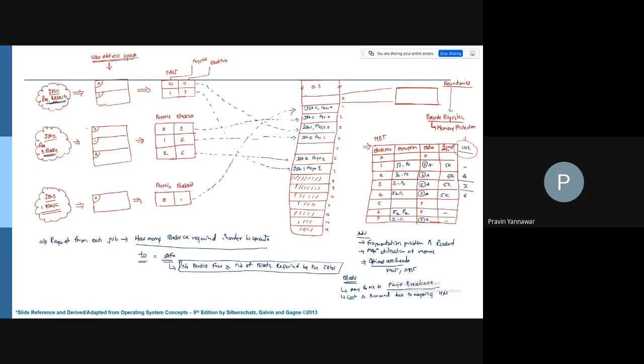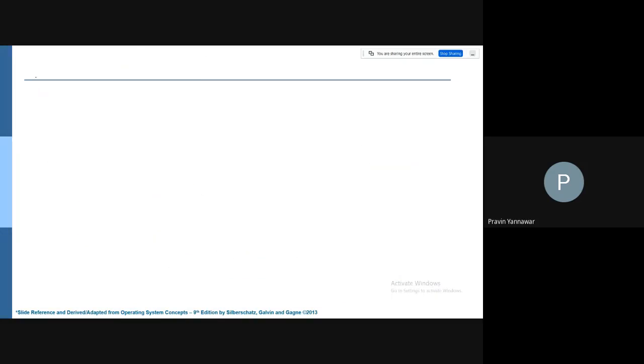The fair question is: is it really reasonable to try to run a job without loading its entire address space?